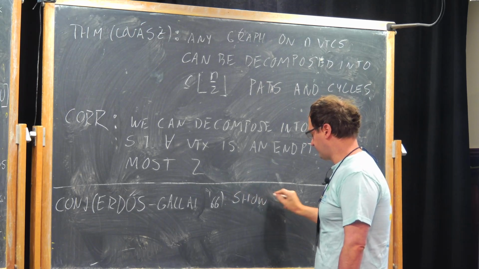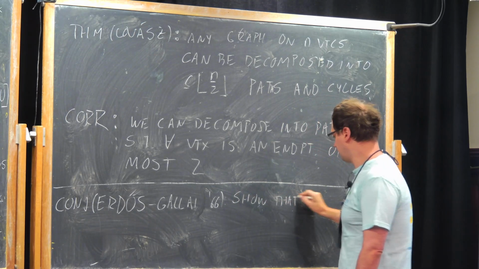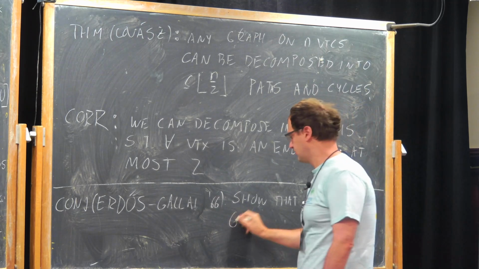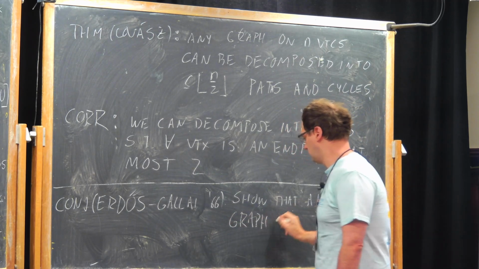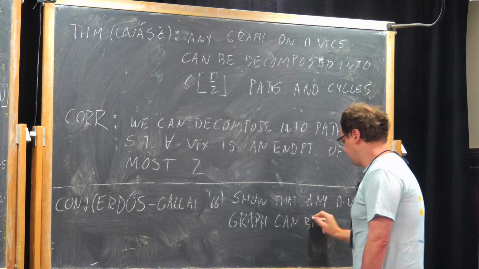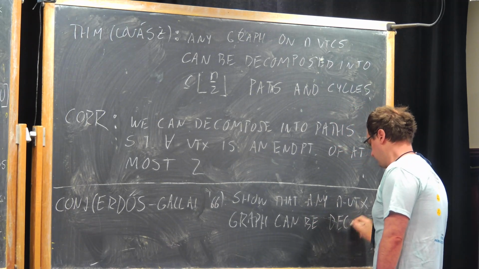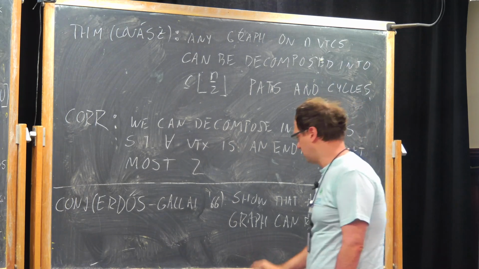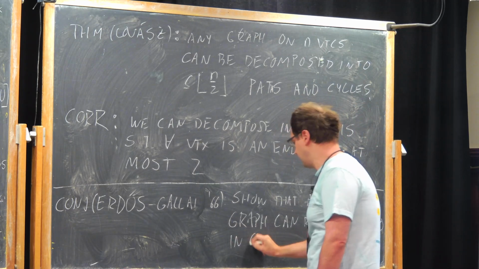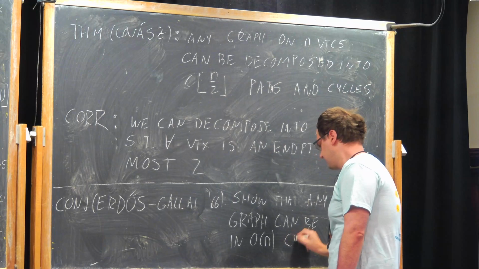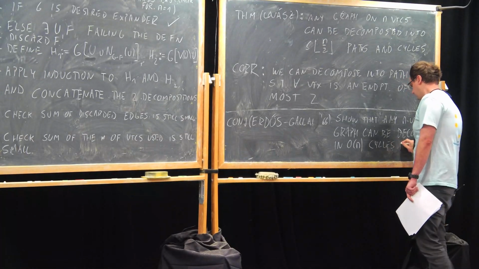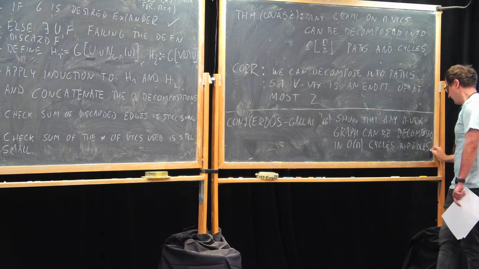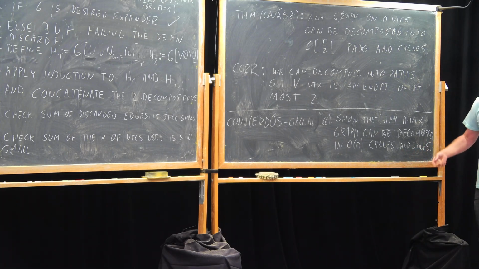Show that any n-vertex graph can be decomposed into big O of n cycles and edges. In that paper, they called edges cycles of length 2.